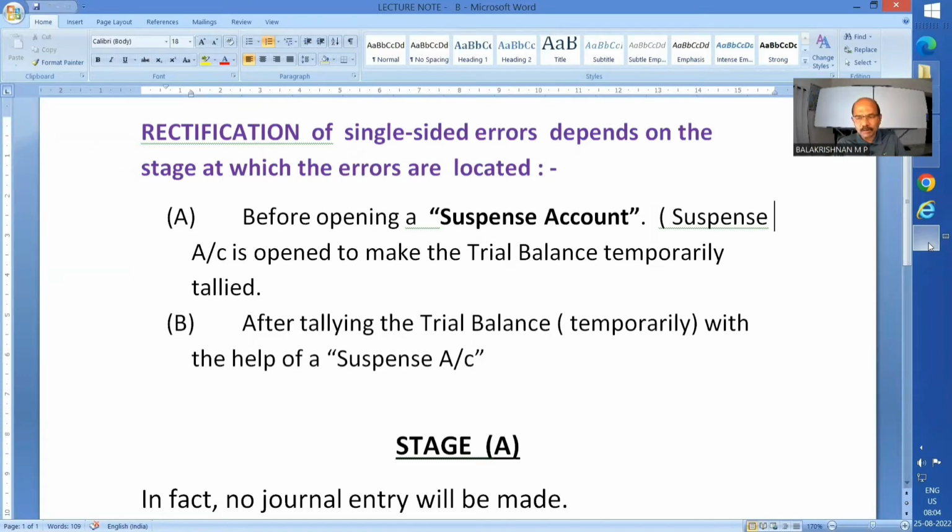We will discuss later on in my following episode the suspense account, its implication, how it's operated, how it is set off and other things. And stage B, after tallying the trial balance temporarily with the help of the above mentioned suspense account.